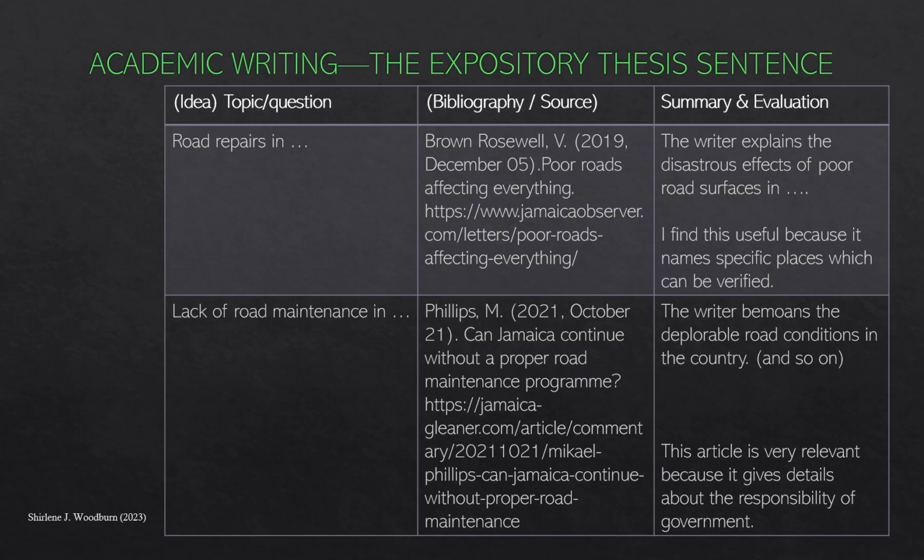So road repairs is very important, and the lack of road maintenance may also give you other ideas from different sources. Your bibliographic source is in the middle of your table, and then you write a summary of the useful ideas that you have found that can contribute to your essay.